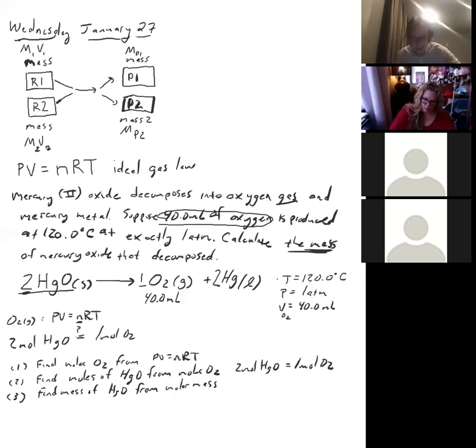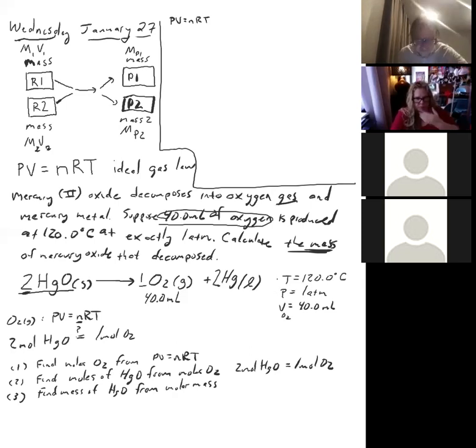So let me do some of the calculations up here. Okay. PV equals nRT. So the gas law, PV equals nRT. We want to find the number of moles of O2. So I'm going to divide both sides by RT.